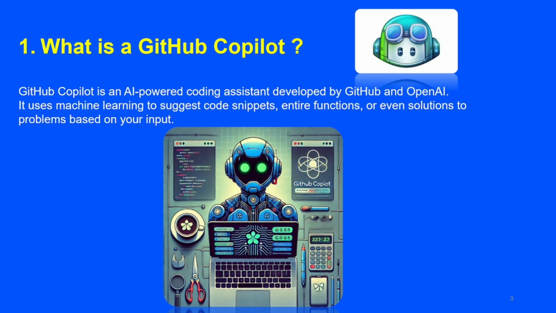Before understanding what GitHub Copilot is, let me go one step back. In our software development lifecycle, day to day, we are writing code, creating documents, writing test cases, and fixing bugs. These are daily activities.